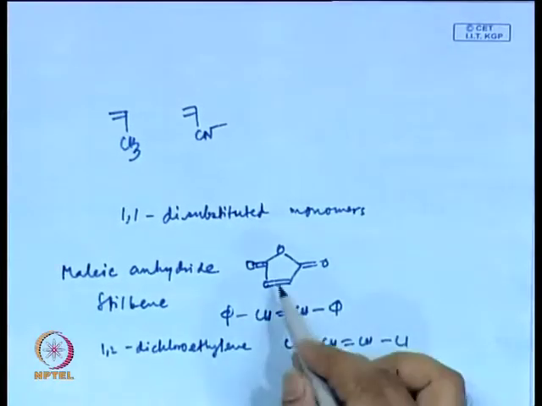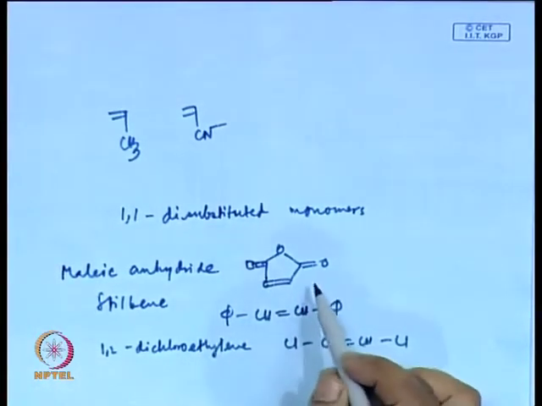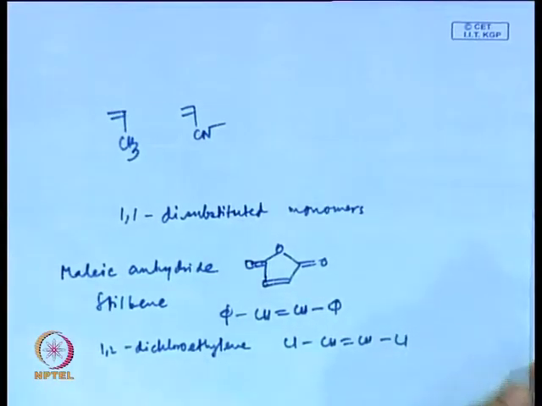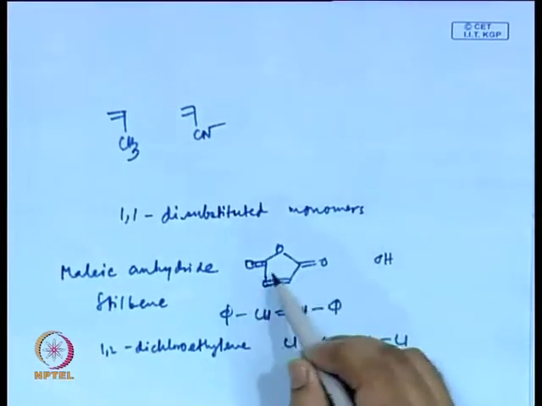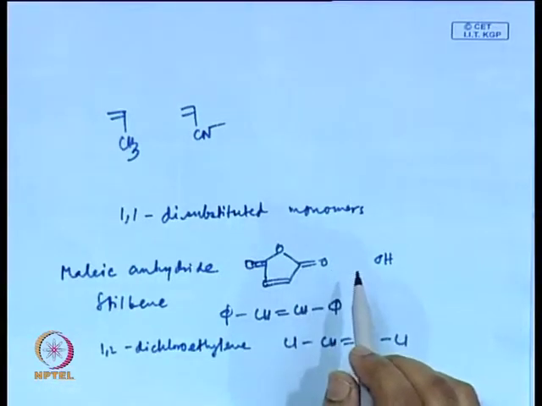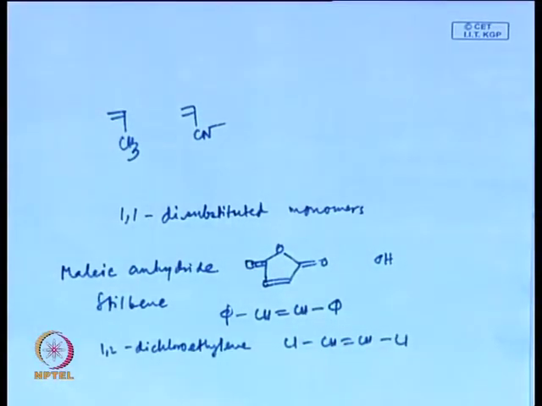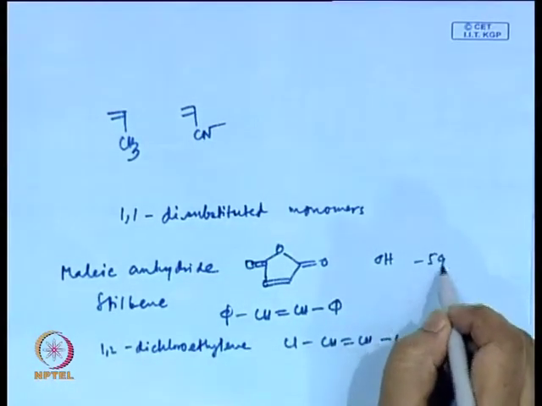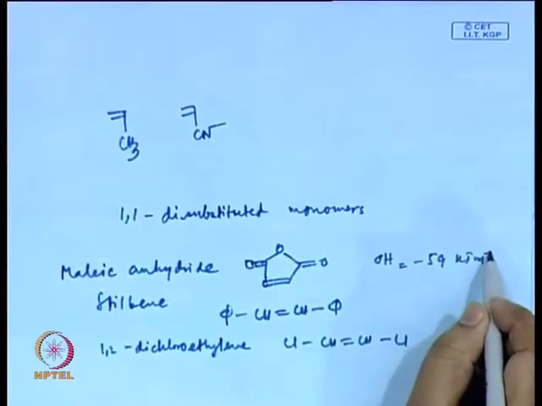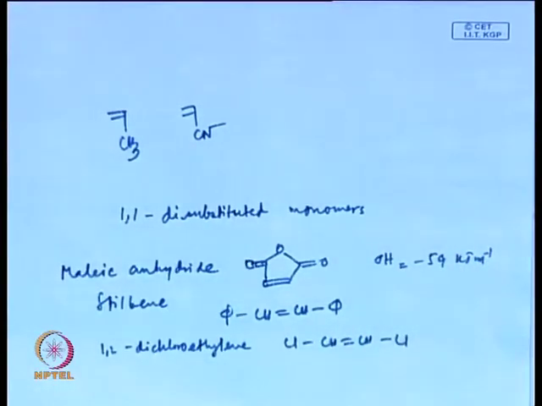Now, these monomers have quite a significant value of del H. For maleic anhydride, this is about minus 59 kilojoule per mole, which means the fact that maleic anhydride is very difficult to polymerize is not due to the magnitude of its del H of polymerization.